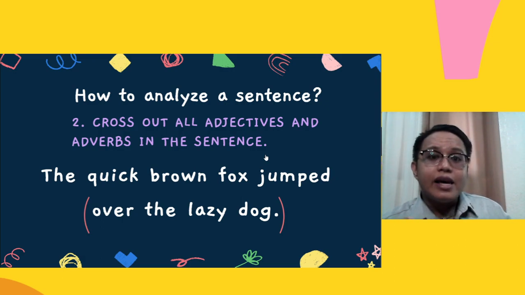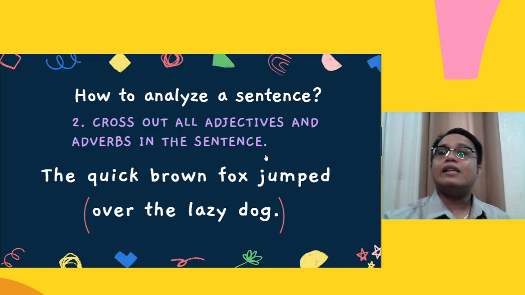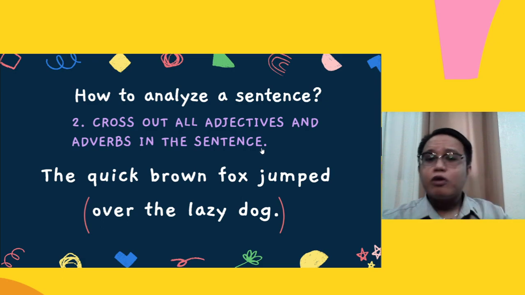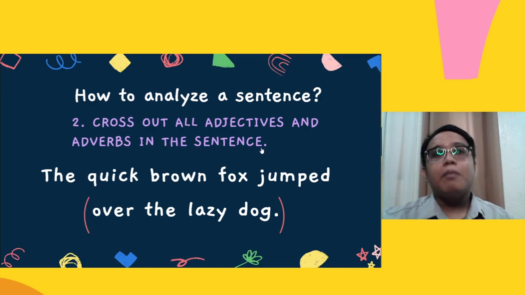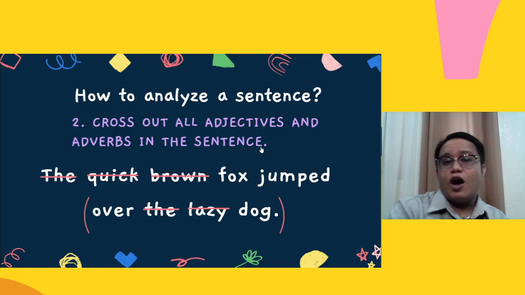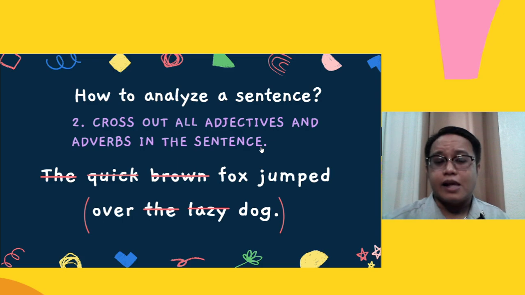And lazy, is lazy an adjective? Very good. Lazy is an adjective describing the dog, so we also cross it out. After we cross it out, this is what you're going to see. Tada! We removed the, quick, brown, the, and lazy, because these are all the adjectives and adverbs in the sentence.